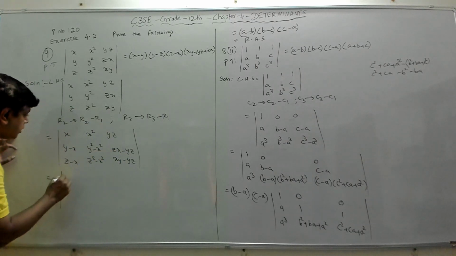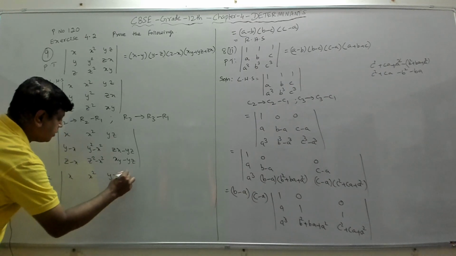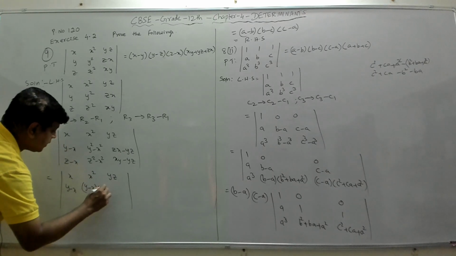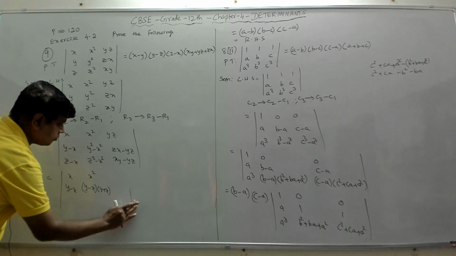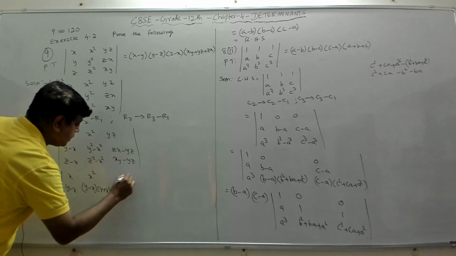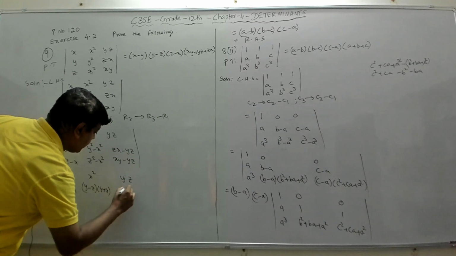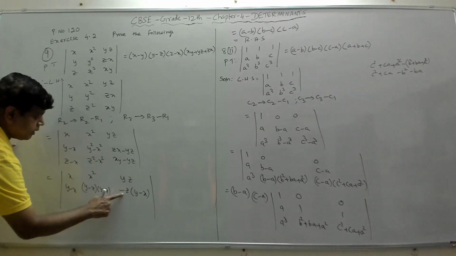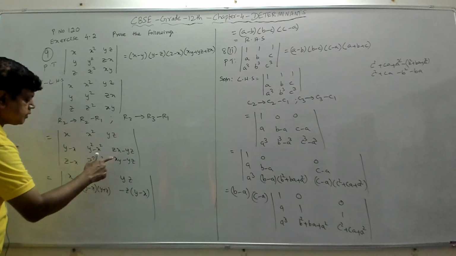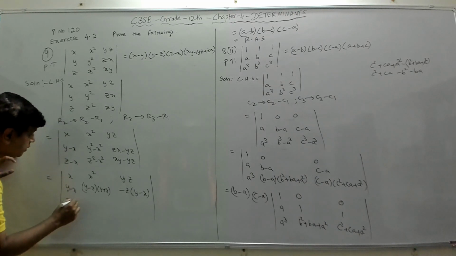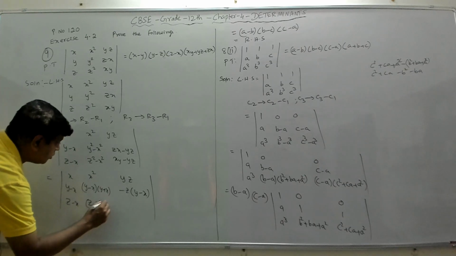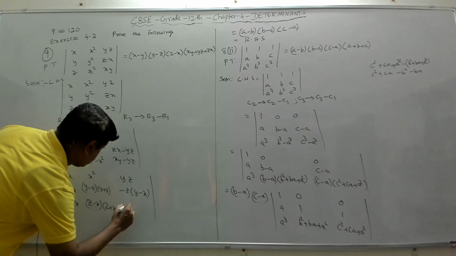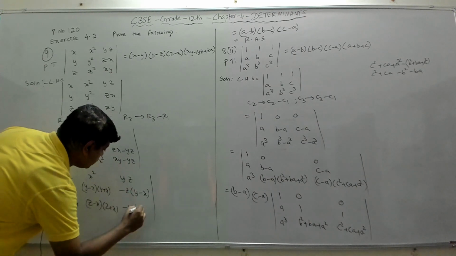So if I simplify this, this will be y minus x, y minus x into y plus x, and this can be written as, if I take minus z common, y minus x. Minus z into y is minus zy, minus z into minus x is plus zx. Similarly here you have z minus x, and z minus x into z plus x, because a square minus b square. Here if I take minus y common, I'll get z minus x.